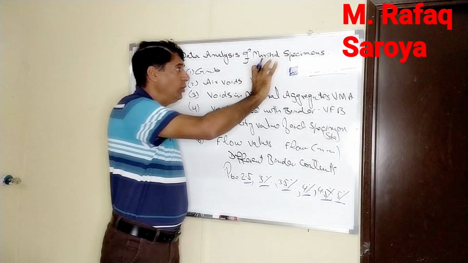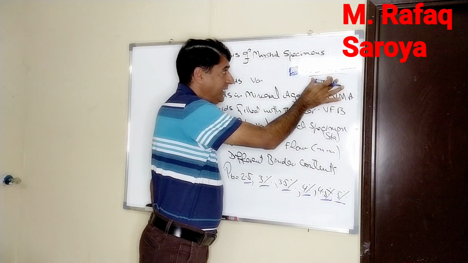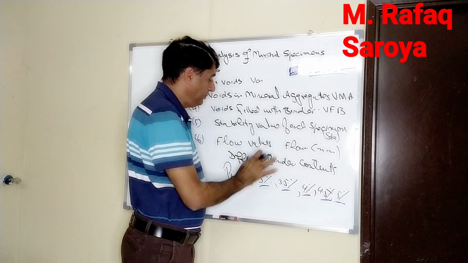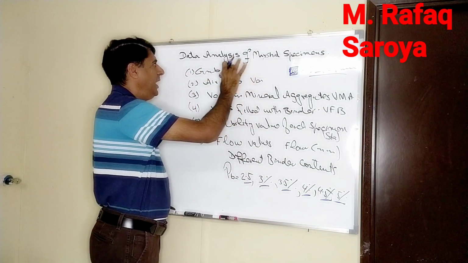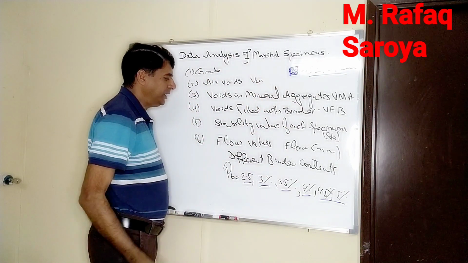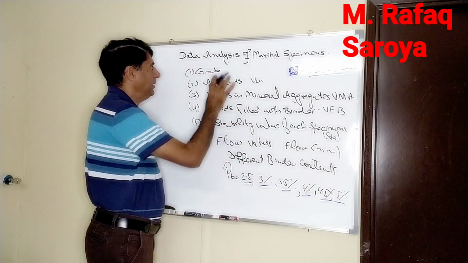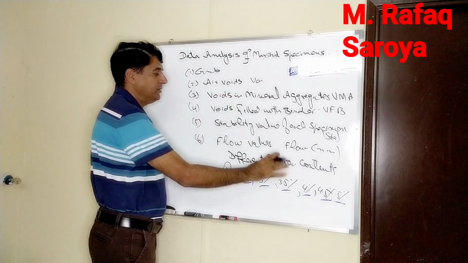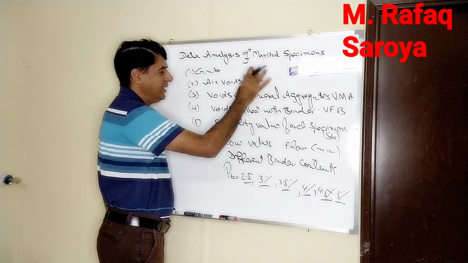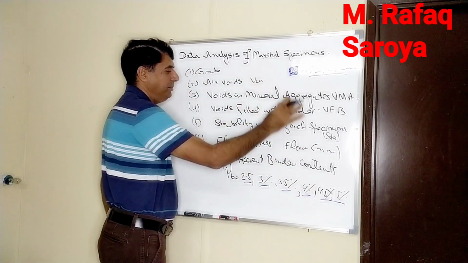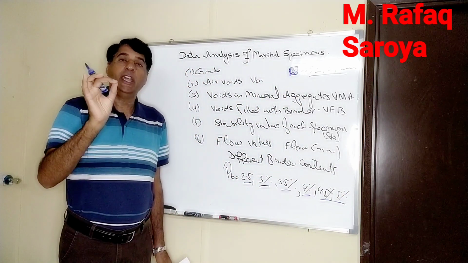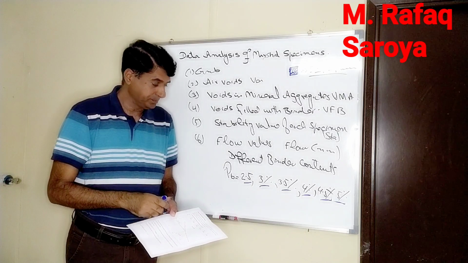Now with this thickness for the Marshall specimen, for each binder content we have determined these values. It means for 2.5 I have determined this GMB, for 3 this GMB, for 3.5 GMB, 4.5 GMB and 5 GMB, etc. So here I would like to tell you one thing.